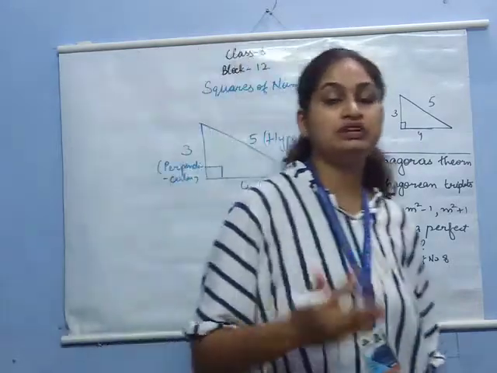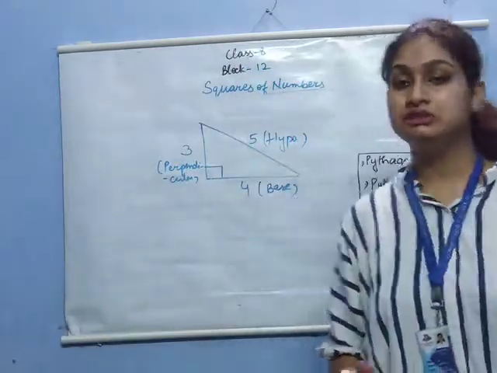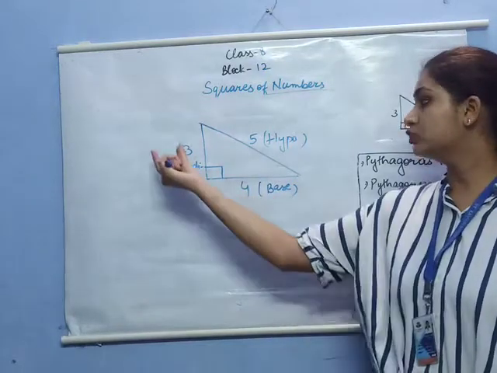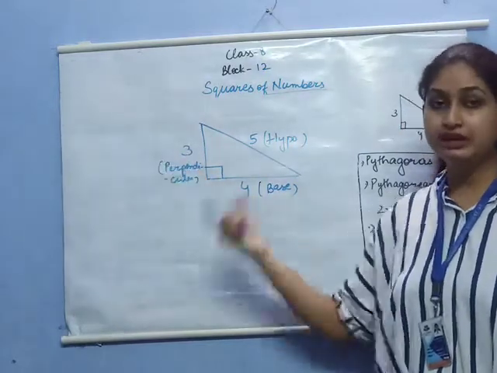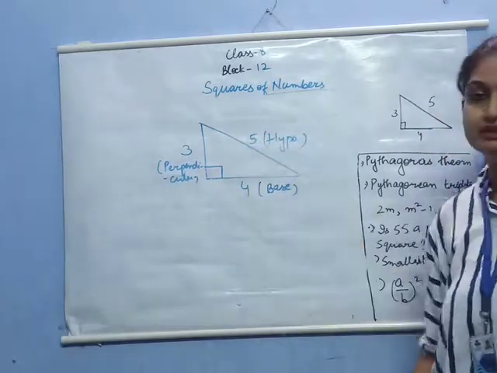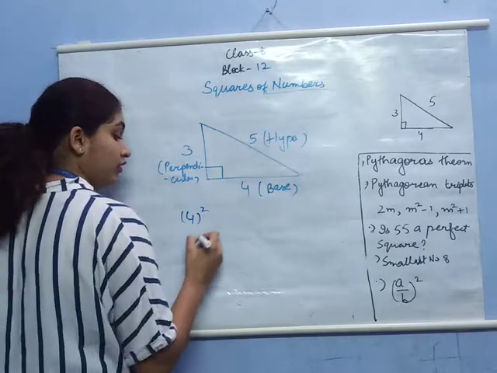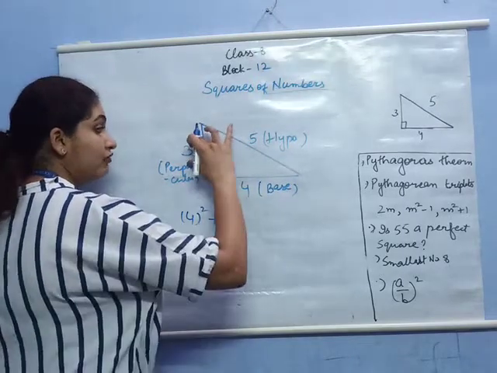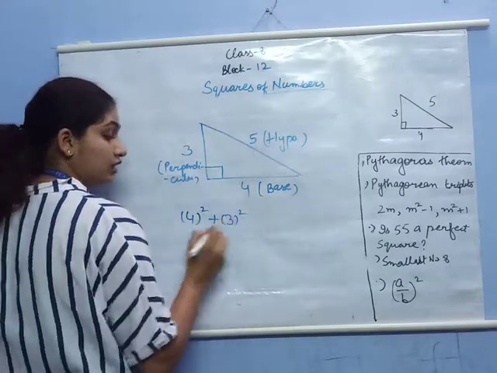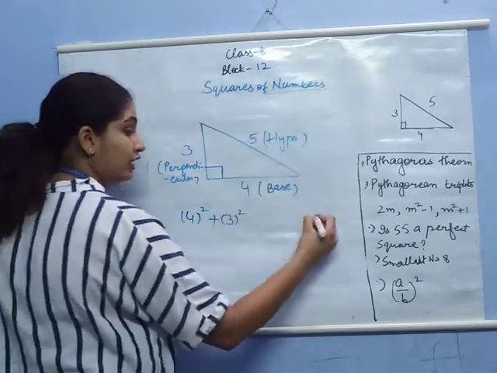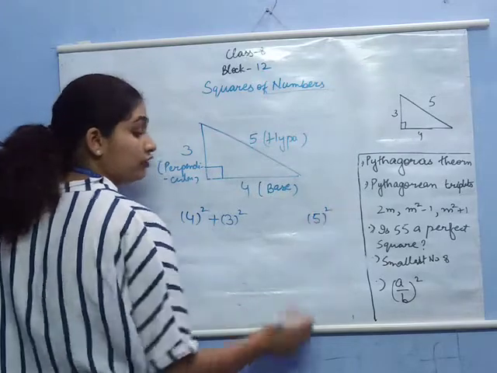The Pythagorean theorem says the square of the base plus the square of the perpendicular gives us the square of the hypotenuse. Let's check. Square of base will be 4 square. Square of perpendicular will be 3 square. This value should be equal to the hypotenuse square, which is 5 square.